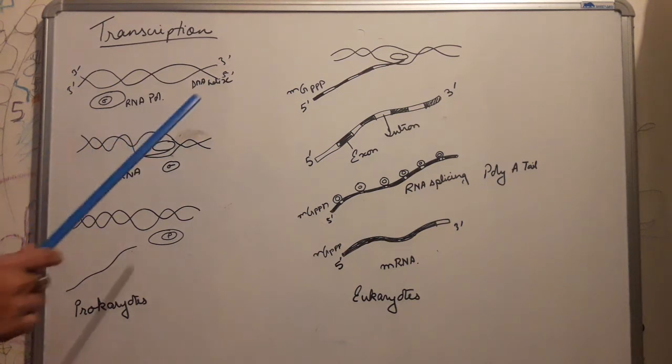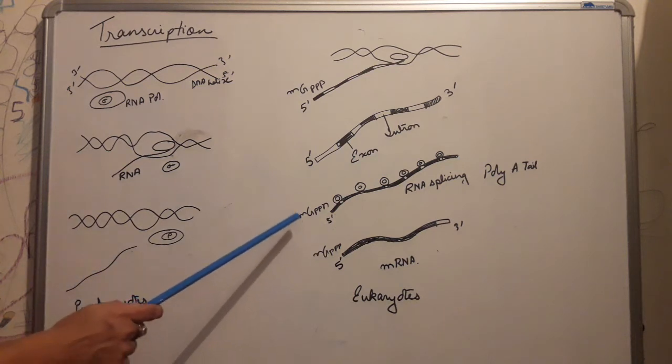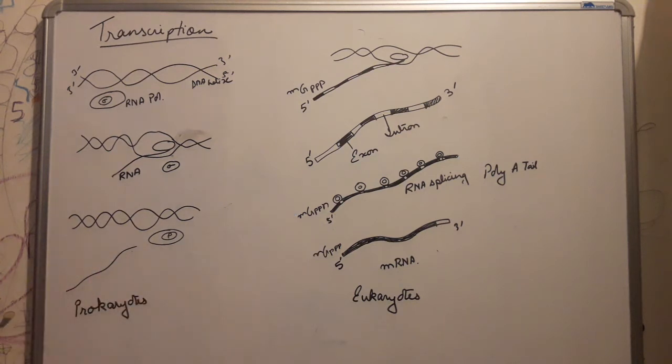This mRNA, when first formed, is not functional. Gradually it will become functional by 3 steps. One is the capping at the 5' end. That means a cap is being added to the 5' end, which contains an unusual nucleotide, methyl guanosine triphosphate, which we are mentioning here as MGPPP.